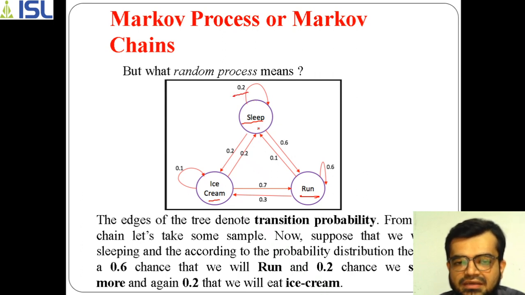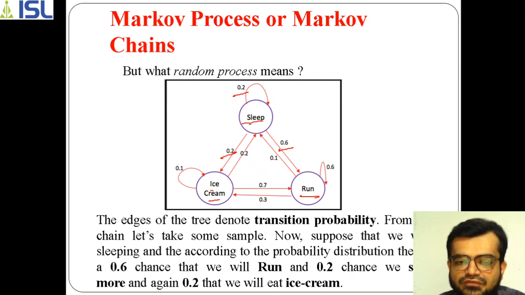When it is in sleep and wants to run, it changes state with a probability of 0.6, and when it wants to change to the next state, ice cream, it changes with a probability of 0.2.